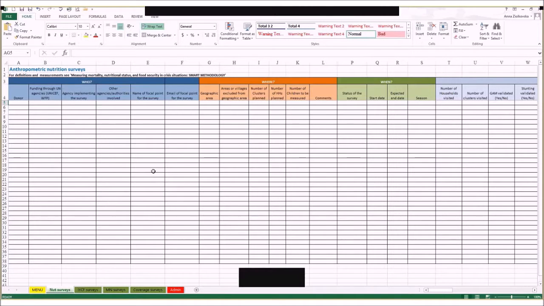If you don't have such an assessment working group, it can be the government, but sometimes it's the information manager, or the cluster coordinator, or the deputy cluster coordinator, or it really depends. But usually it's a person who understands the surveys and what information should be there, and who would probably be using it for the analysis.